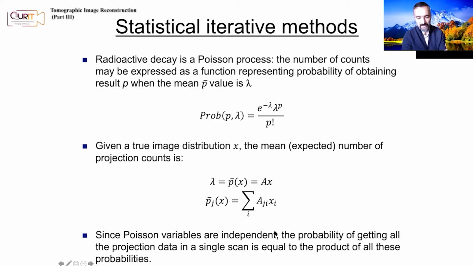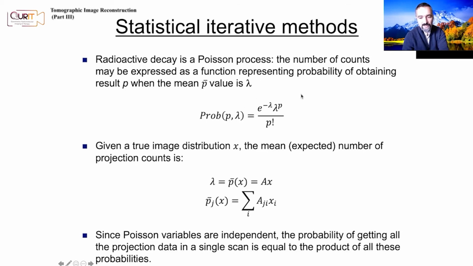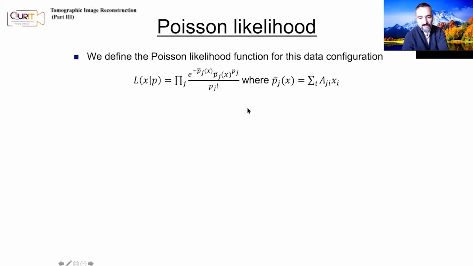Because they are independent variables, the probability of getting a vector of independent elements is equal to the product of the probabilities of each of those elements. So what does that mean? Well, we can write out the Poisson likelihood function. We basically take this formula, and instead of lambda, we write this formula, lambda being the forward projection of x.